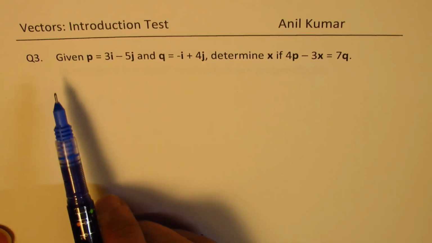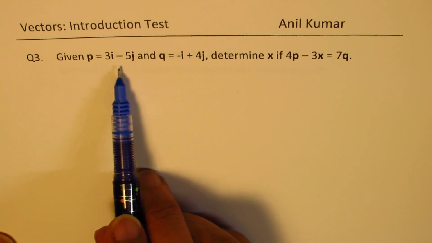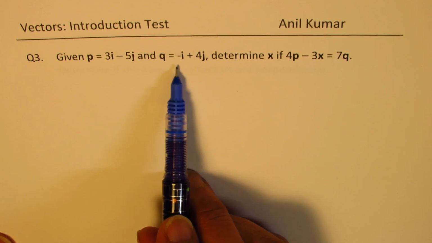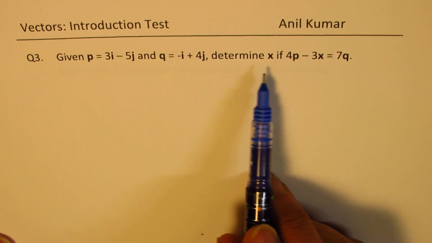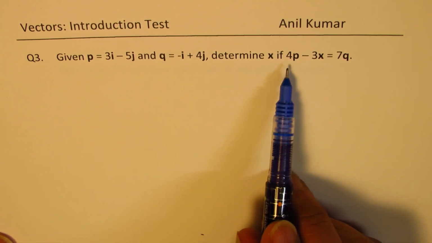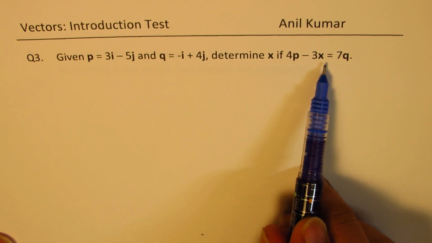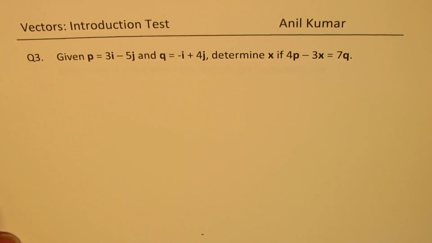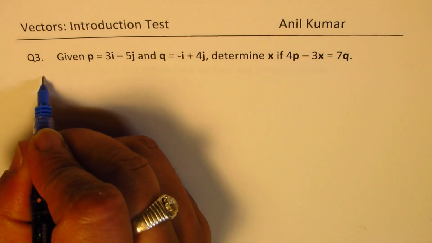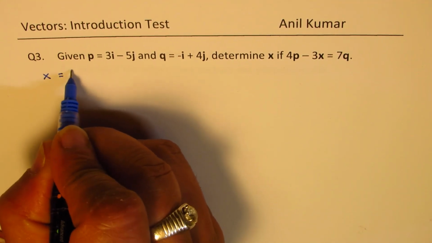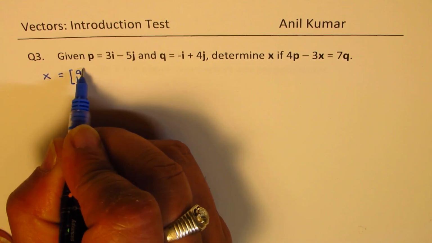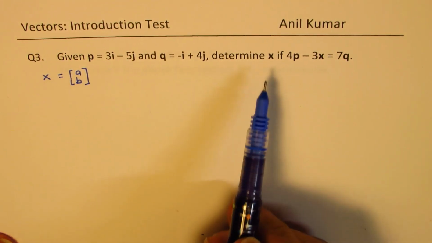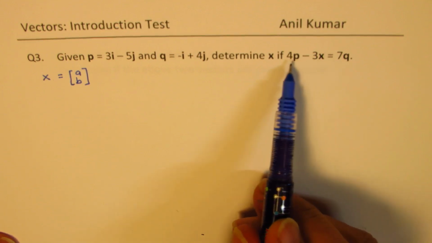Number 3. Given vector P as 3i minus 5j, Q as minus i plus 4j, determine x if 4p minus 3x equals 7q. So let us assume that vector x is, let's say, (a, b). In that case, let's substitute the values and find the answers.